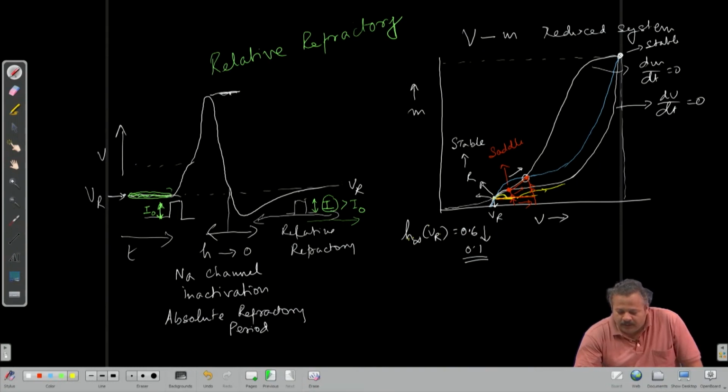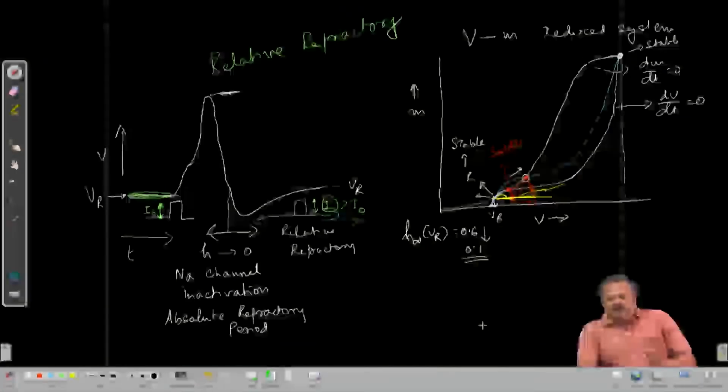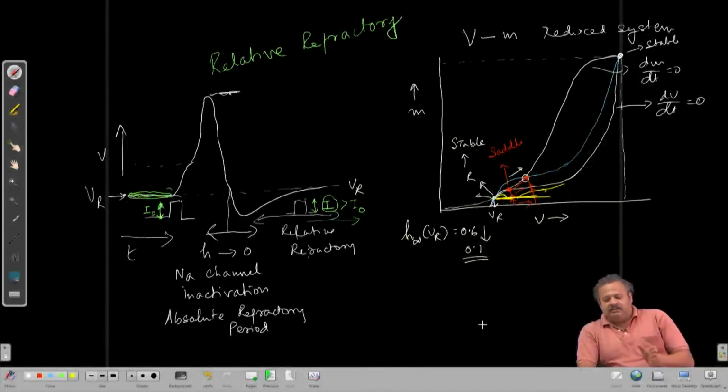Remember, when we inject a current at V rest, we are moving along this yellow line, and that is effectively starting the system at a different V value, and the V value required is much higher to cross the threshold now.